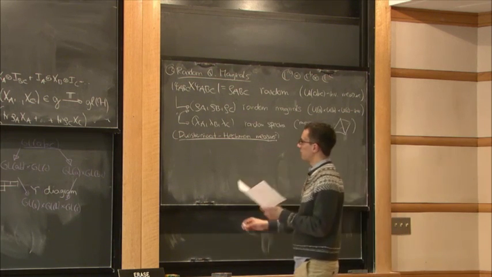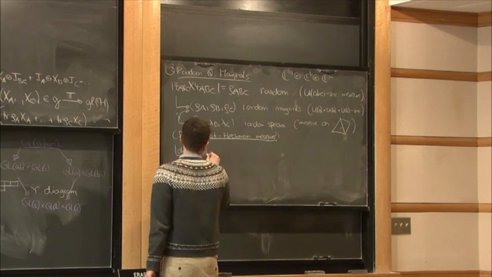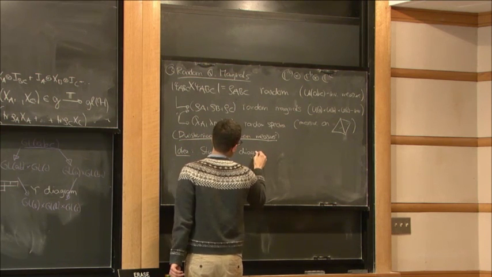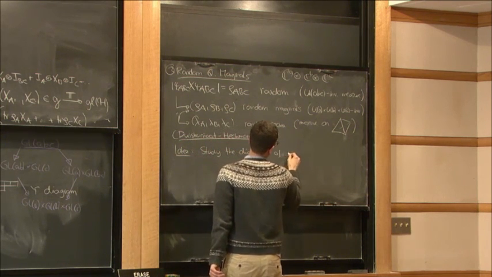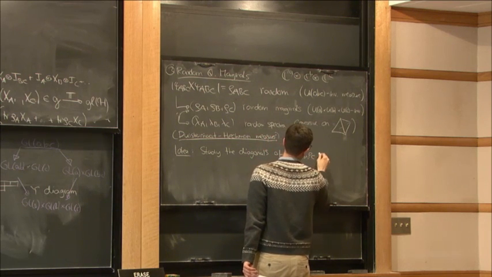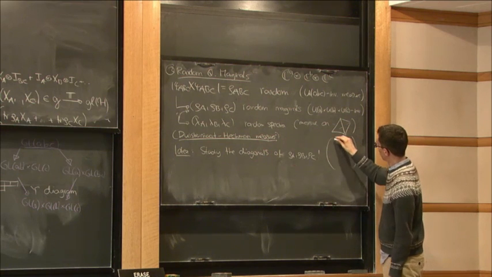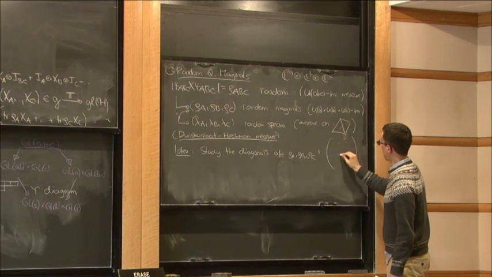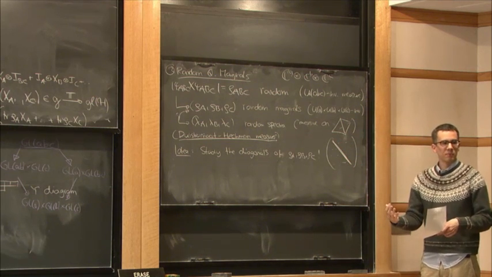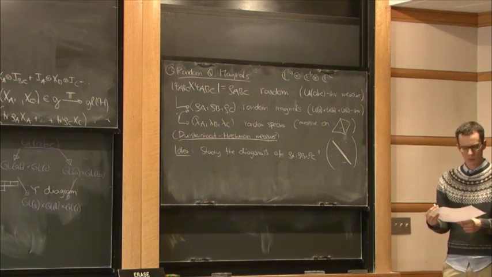Again, the idea is to study the diagonals of rho A, rho B, rho C. Each of these is a density matrix, and we only want to project this measure on the diagonal.